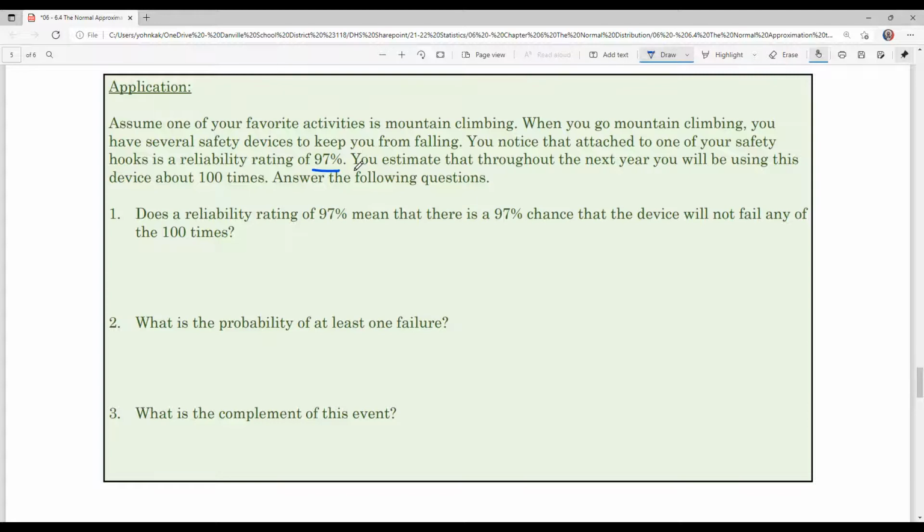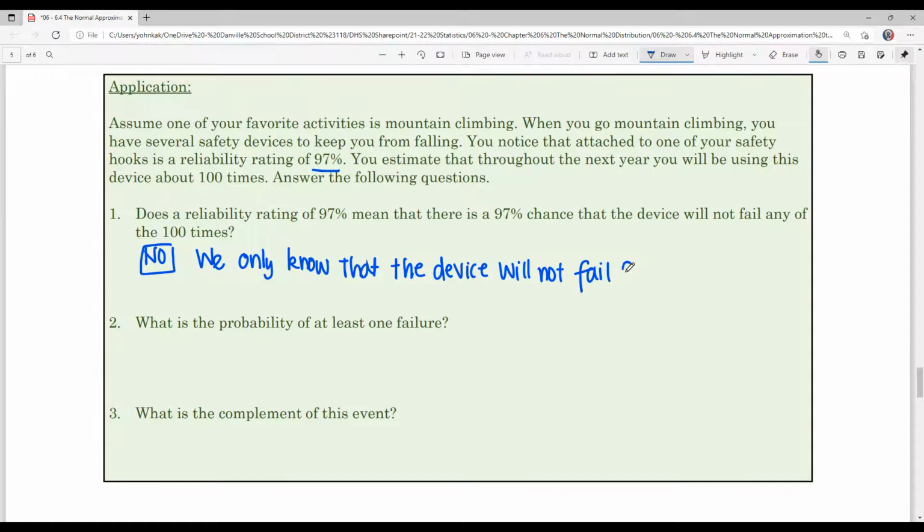And the answer is no. We only know that the device will not fail 97% of the time.